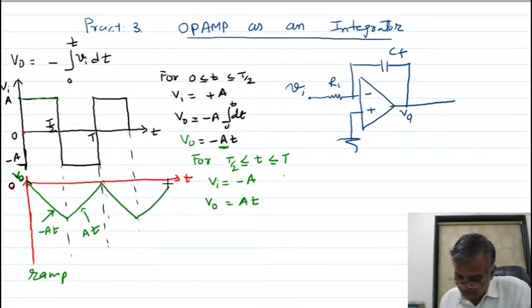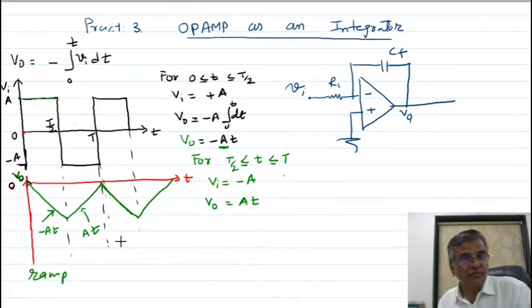This is the ramp voltage, so it is nothing but a triangle wave. When the input is a square wave, the output is a triangle wave for this integrator circuit.